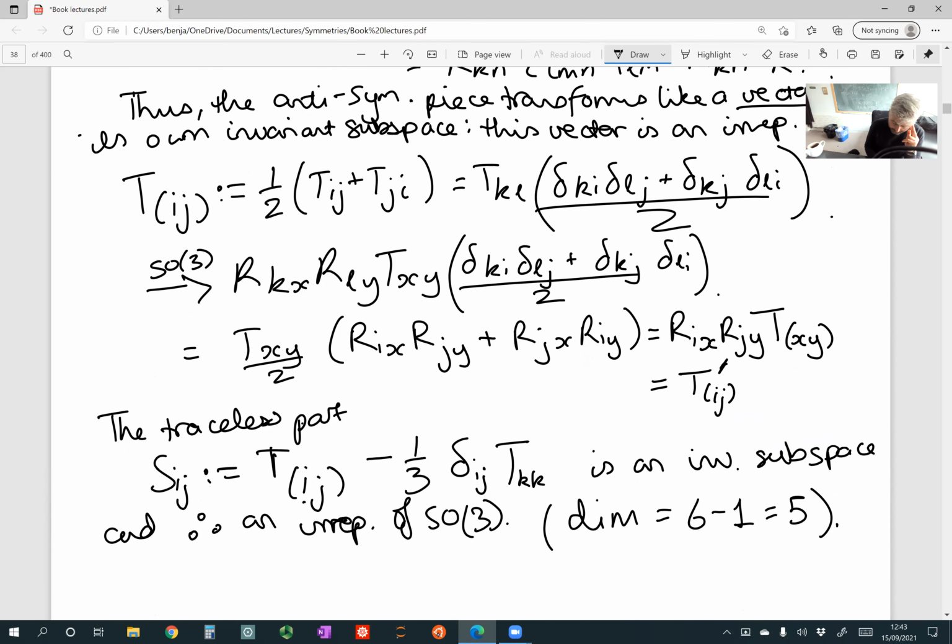And the same thing here: each unsummed index gets its own factor of r, summed appropriately. So it's an exercise in the book to show that these tensor representations are actually representations of the group.